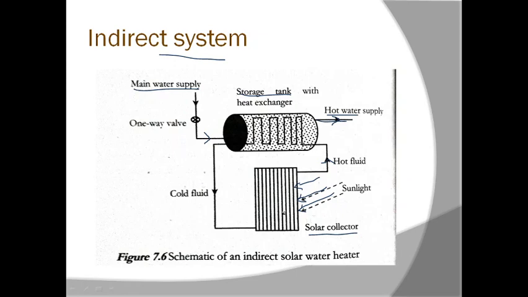As this fluid passes through the solar collector, it will get heated up and it is then allowed to pass through a number of U-turns of tubes and finally it gets out through the final valve. As this heat exchange fluid passes through this tank, it will exchange heat with the water that is present all around. As a result, the water within this tank will get heated up and that water can be taken out for other purposes.